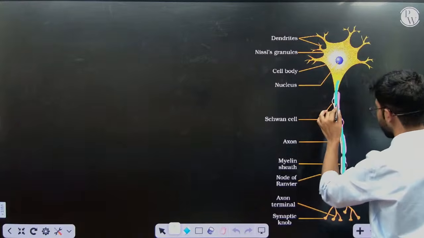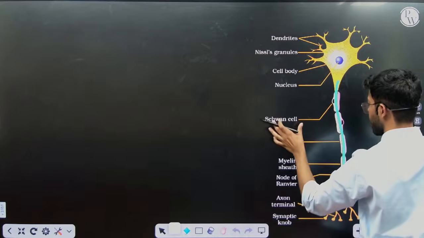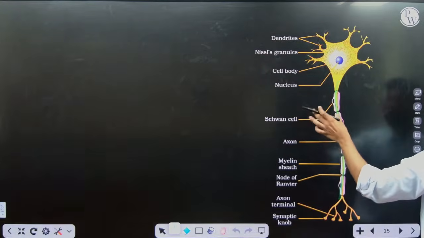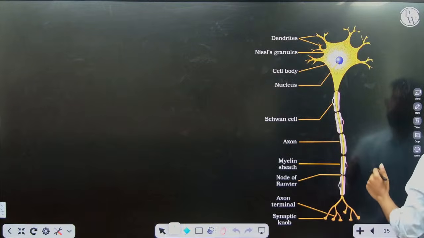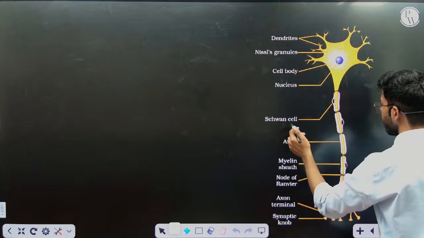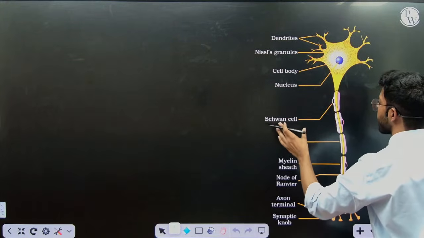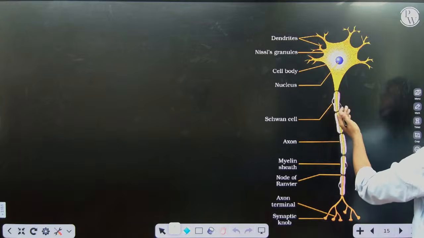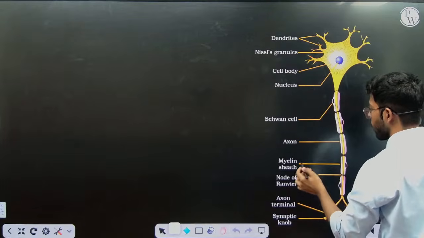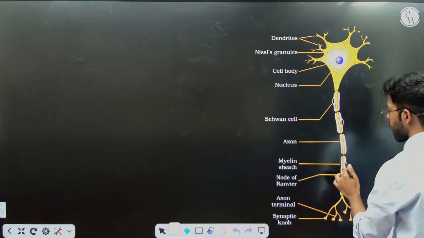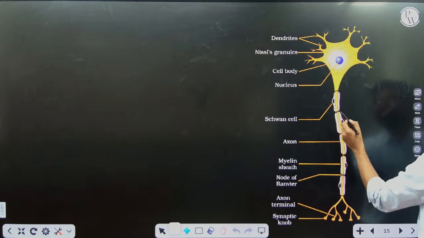And you can see that along axons, a specific cell is present, which is known as the Schwann cell. Schwann cells can be present in myelinated neurons and also non-myelinated neurons. Schwann cells and oligodendrocytes are responsible for the concentric layers of the myelin sheath present around the axon. This pink colored structure is the myelin sheath, and it is not continuous. You can see the gaps.